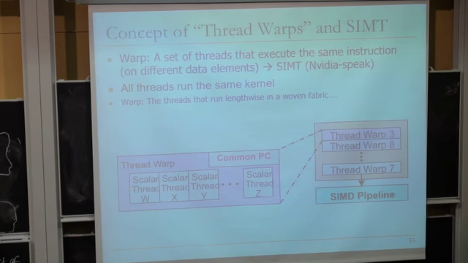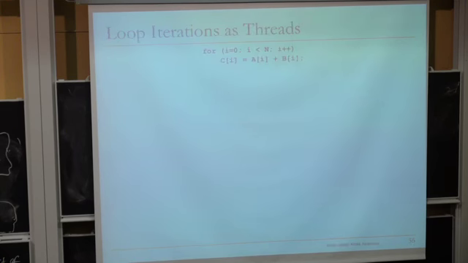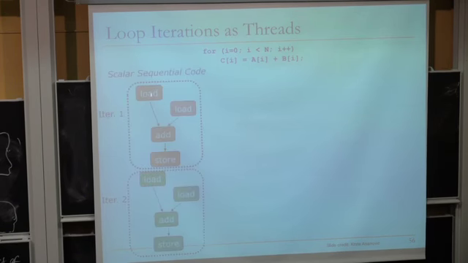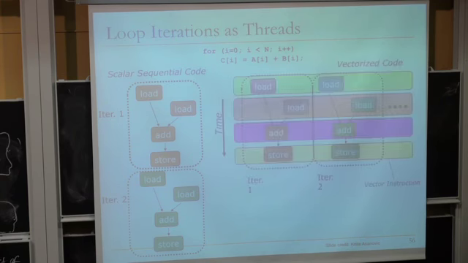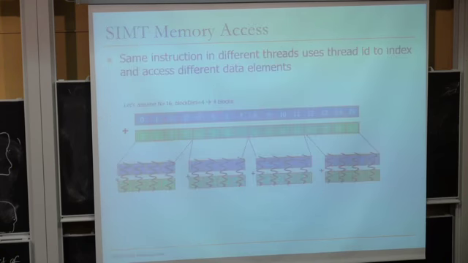So these threads do different operations over time, but they do the same operation on different data elements at the same time. Right? So the programmer needs to supply this, and the hardware executes different threads in parallel in a single instruction, multiple data fashion.